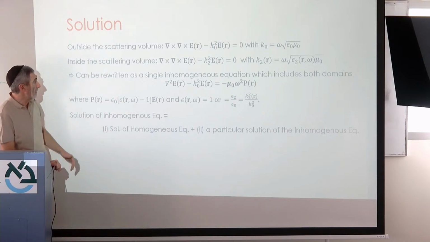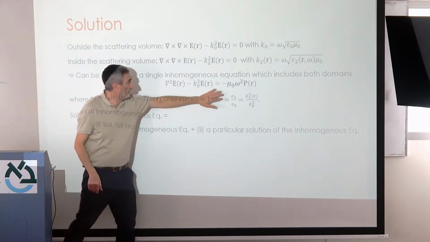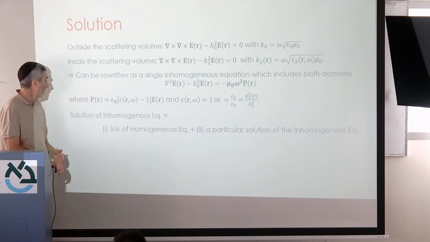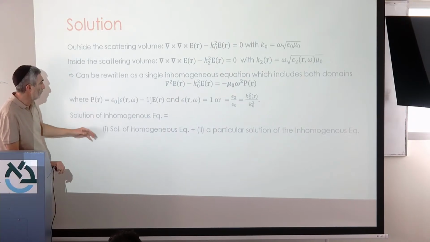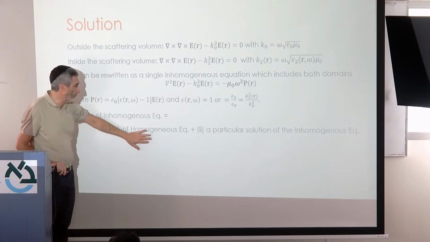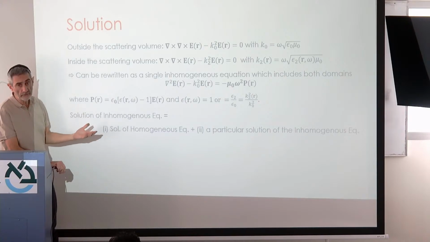So we have a differential equation with a source term here. To solve such an equation, the solution is the sum of the solution of the homogeneous equation plus a particular solution of the inhomogeneous case.